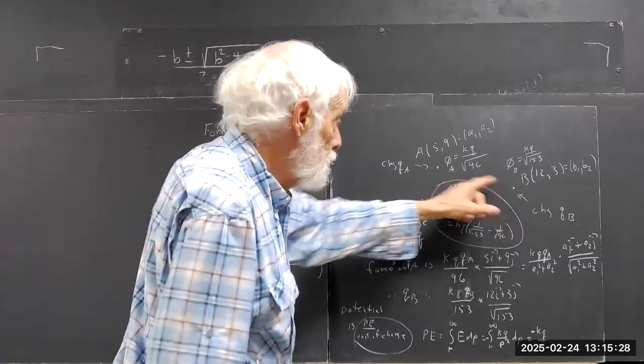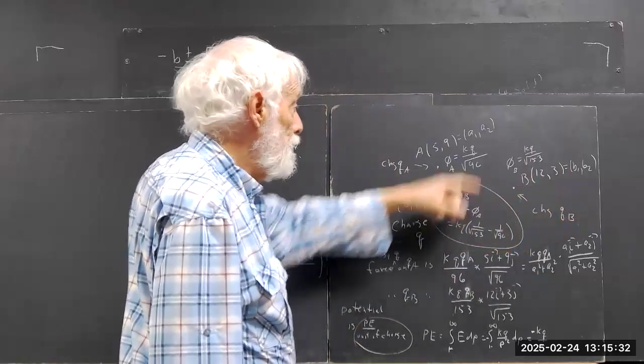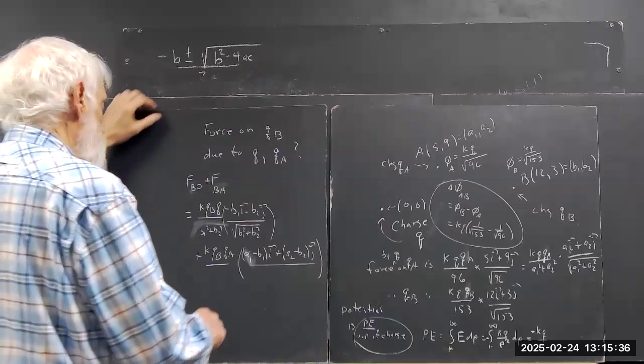That's the vector from here to here. It's A1 minus B1 in the i direction and A2 minus B2 in the j direction.